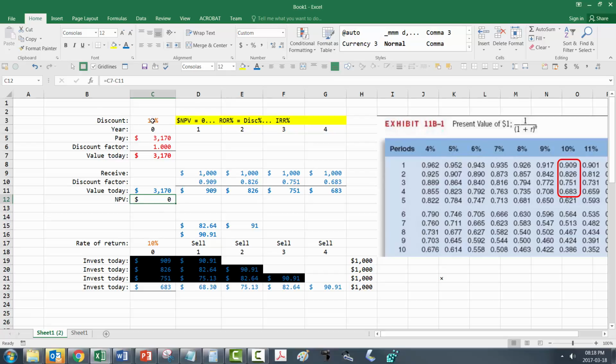what must the internal rate of return be to make this happen? Given an investment of 3170, we need a rate of return of 10%, which generates $1,000 each year for 4 years.